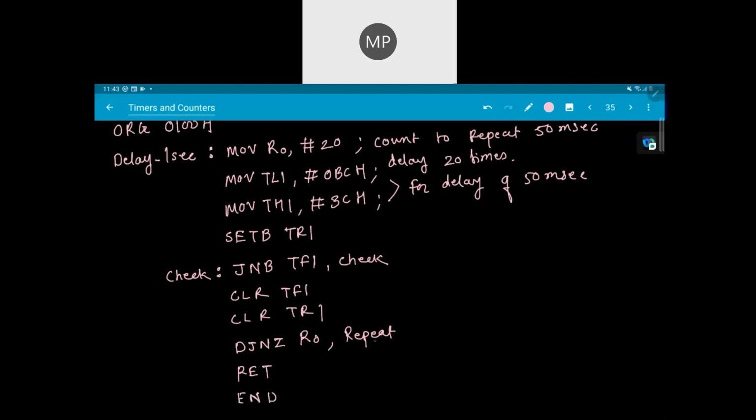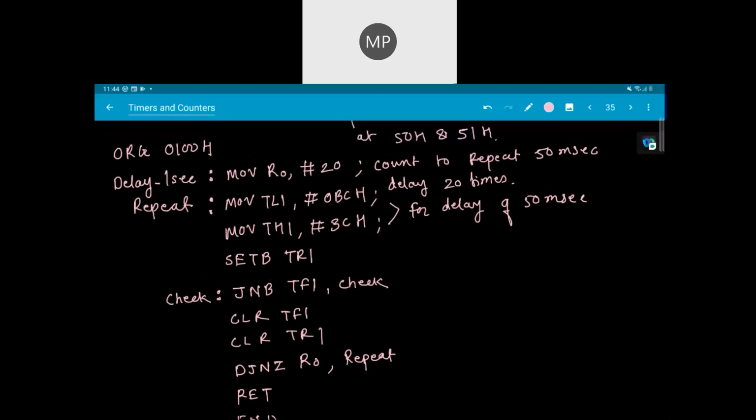But if it is not 0, we should jump back here, as we want to load the values into TL1 and TH1 again, so that we get a 50 millisecond delay again. So we'll write repeat here.